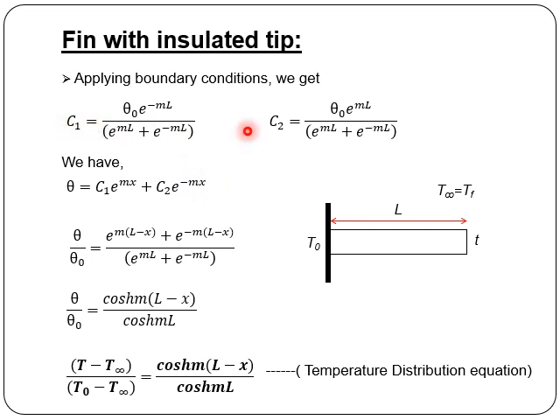If I substitute C1 and C2 in this expression, then I get the expression for θ/θ0. So θ0 is taken common from C1 and C2 and it is divided here.